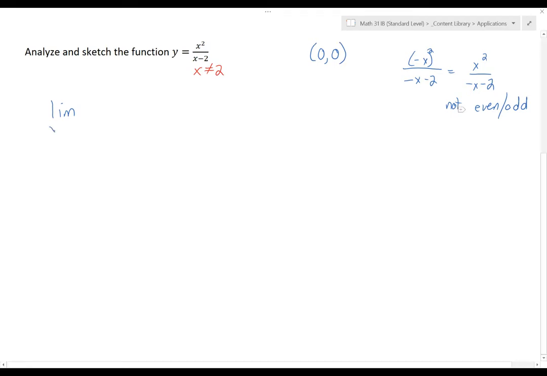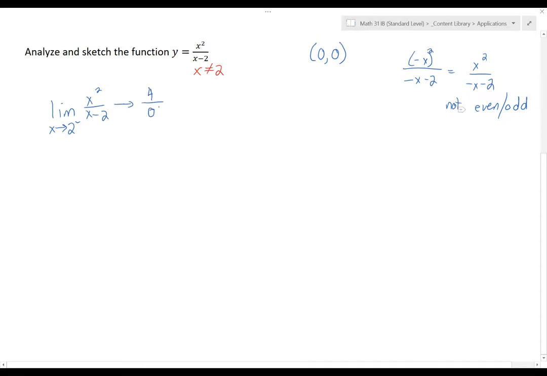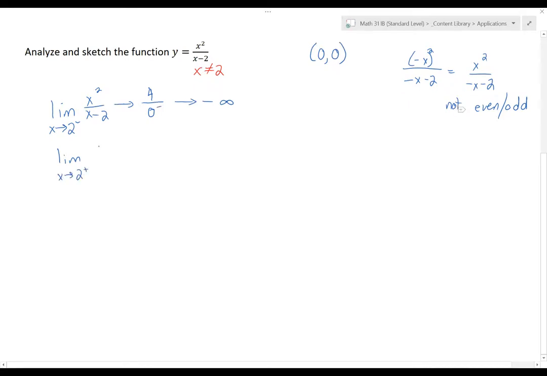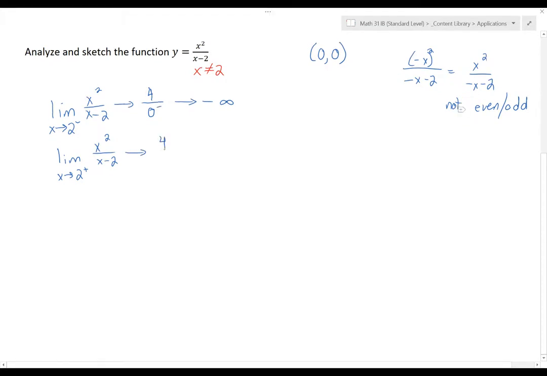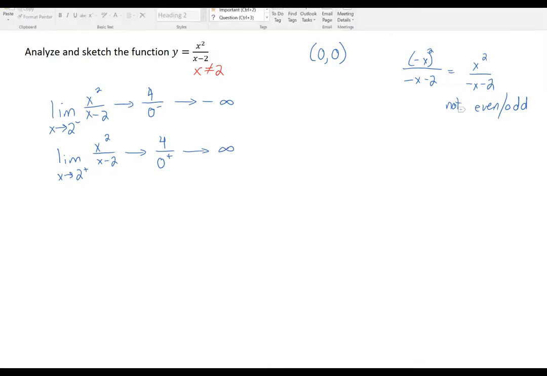So the limit as x approaches 2 from the left of x squared over x minus 2 is going to be approaching 2 squared, which is 4, over a slightly negative value, which means from this side it's approaching negative infinity. And as I approach 2 from the right, this is going to be approaching 4 over a slightly positive 0, which means it's going to be approaching positive infinity.